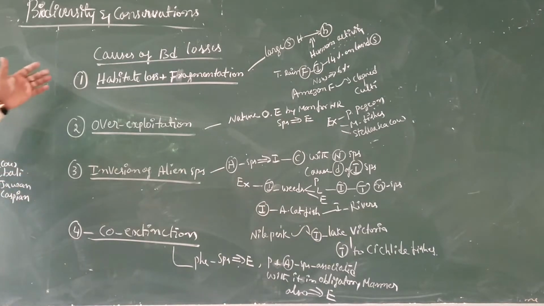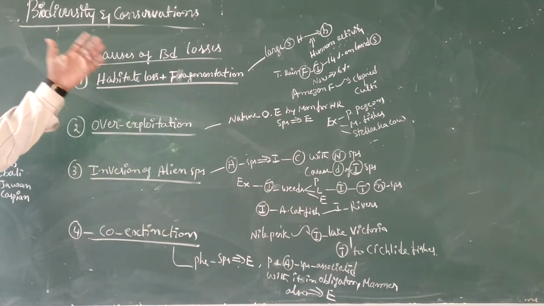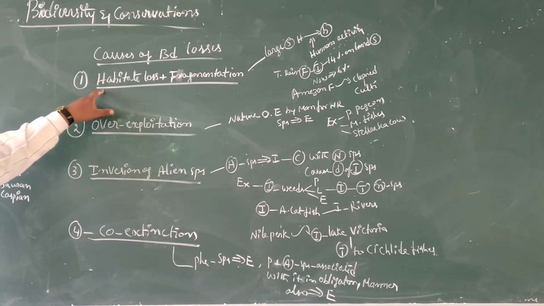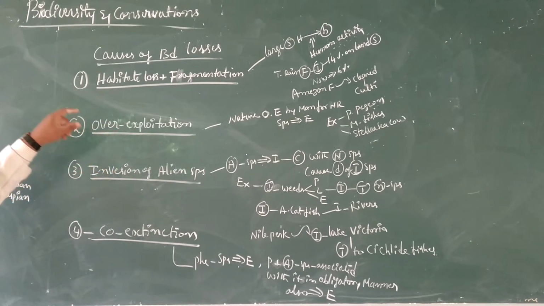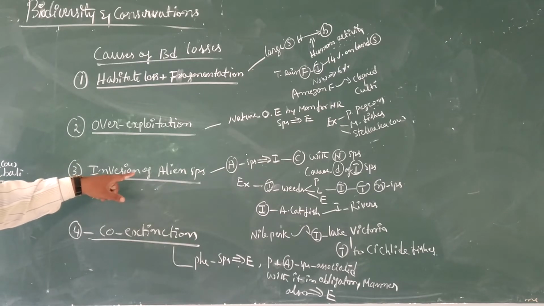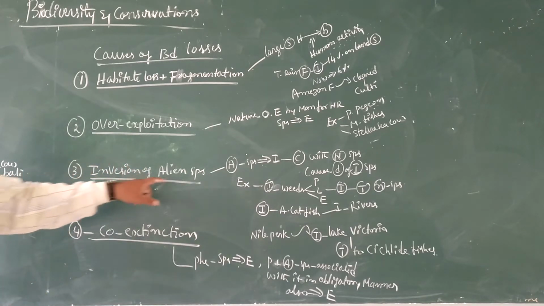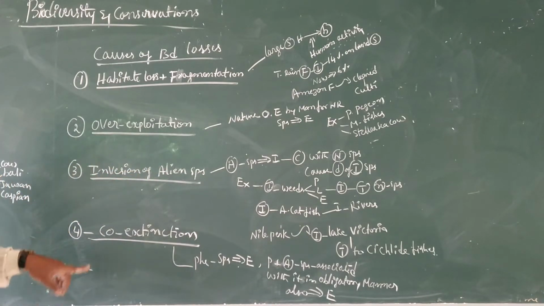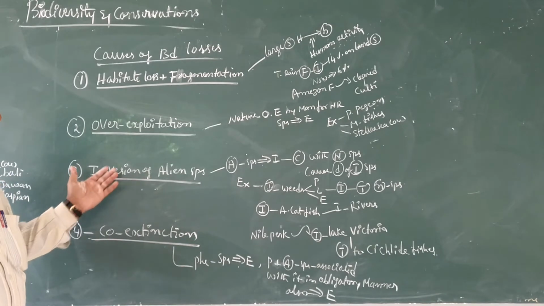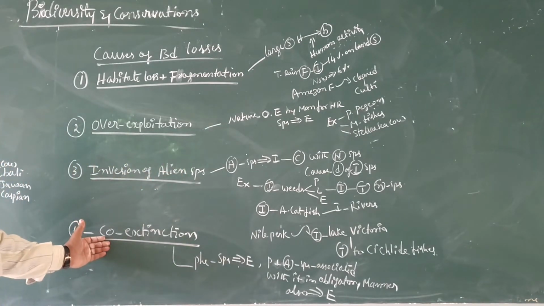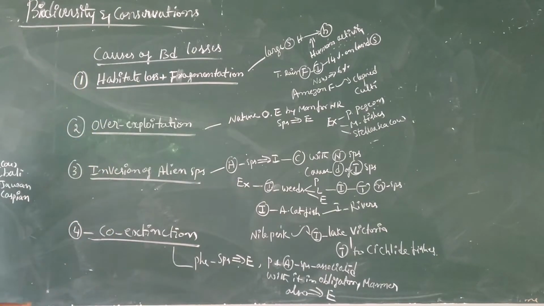The major causes include habitat loss and fragmentation, over-exploitation, invasion of alien species, also called foreign or exotic species, and co-extinction. These causes are very, very important.